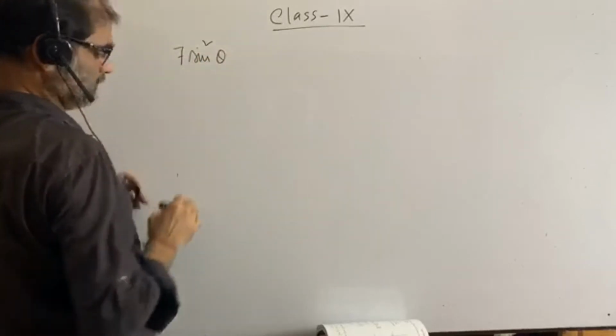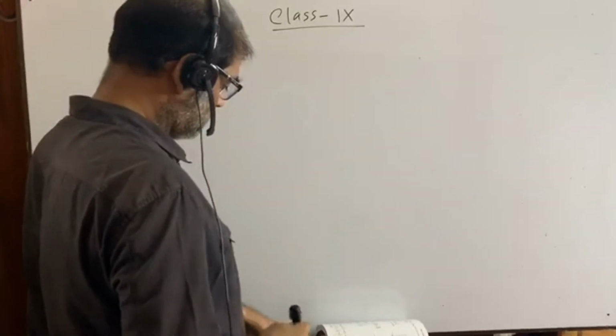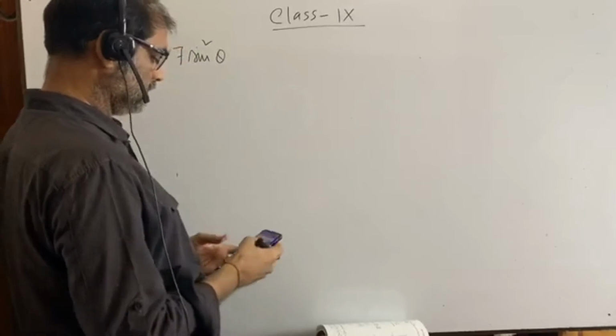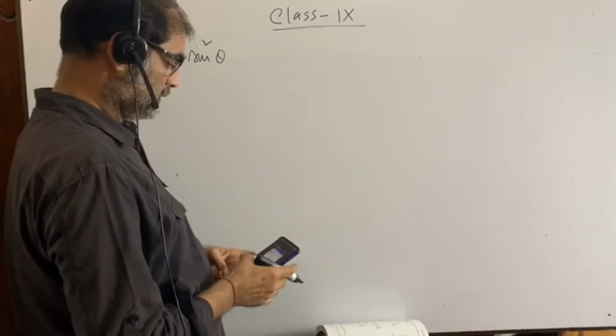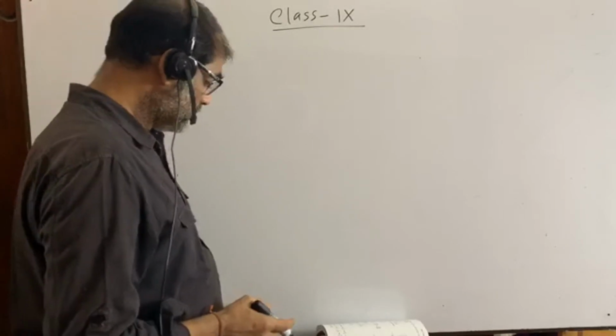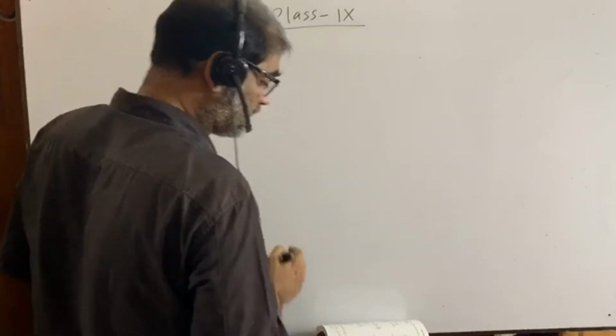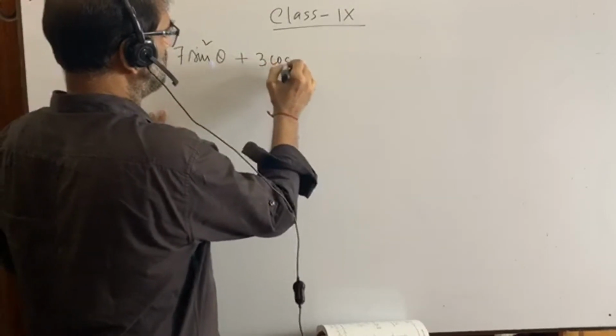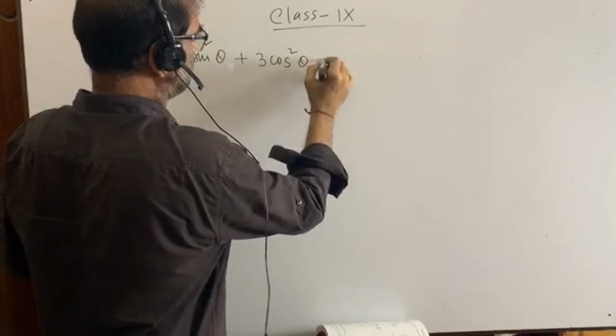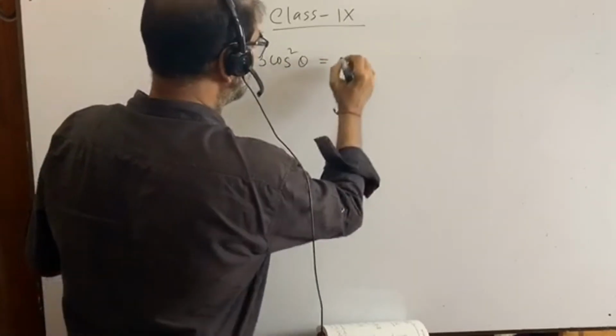7 sine square theta. Suppose you are given that 7 sine square theta plus 3 cos square theta is equal to 4.